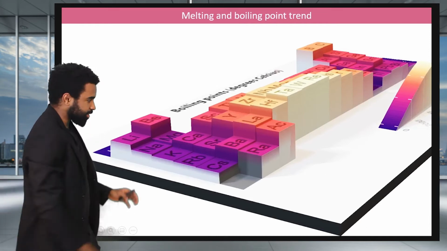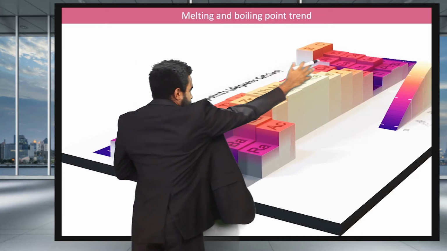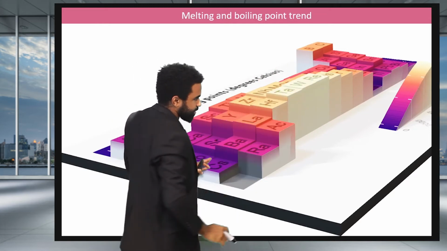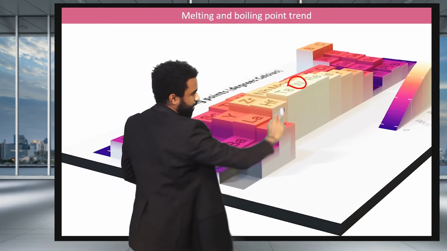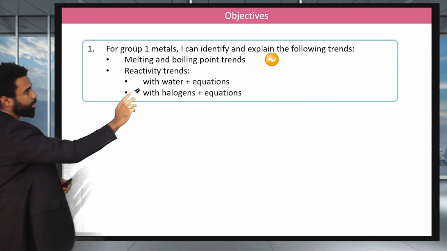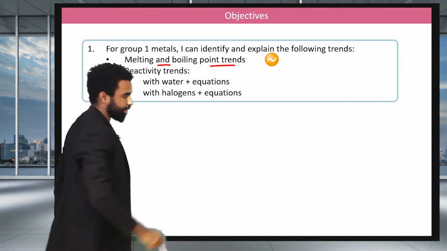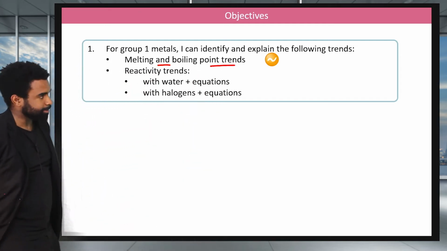We notice that generally speaking, the alkali metals melt at much lower temperatures than the other metals, specifically the transition metals. You can see tungsten melts at a very high temperature. All right, so now I think we can explain the melting and boiling point trends for the alkali metals, or the group 1 metals.